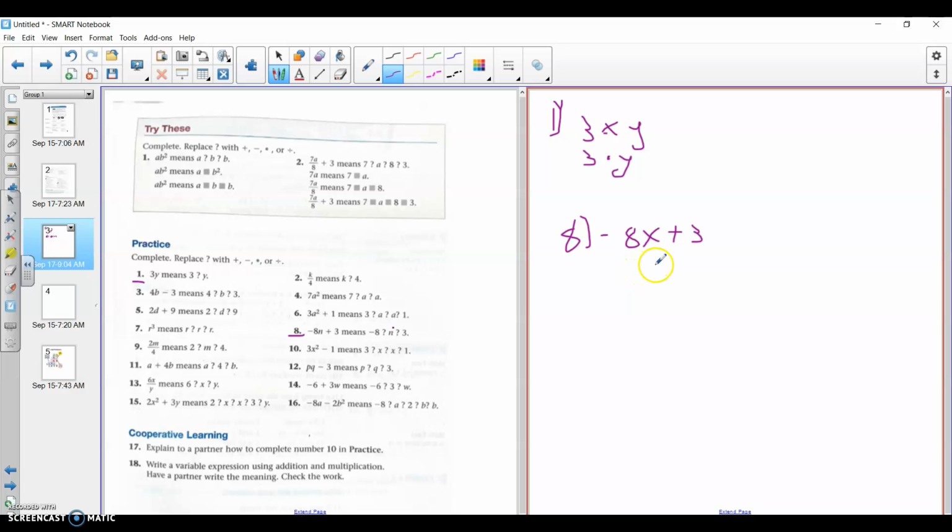Okay, so I'm looking for 2 things here. I accidentally, let me, guess I forgot this part. It's going to be negative 8x times n. That's what you should be missing. And then plus 3.